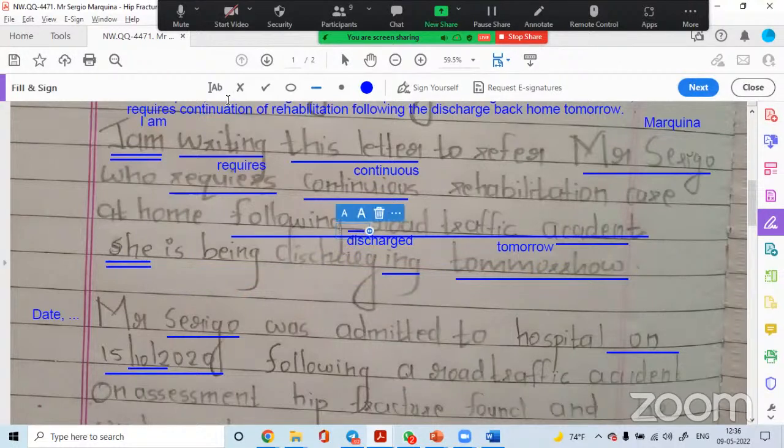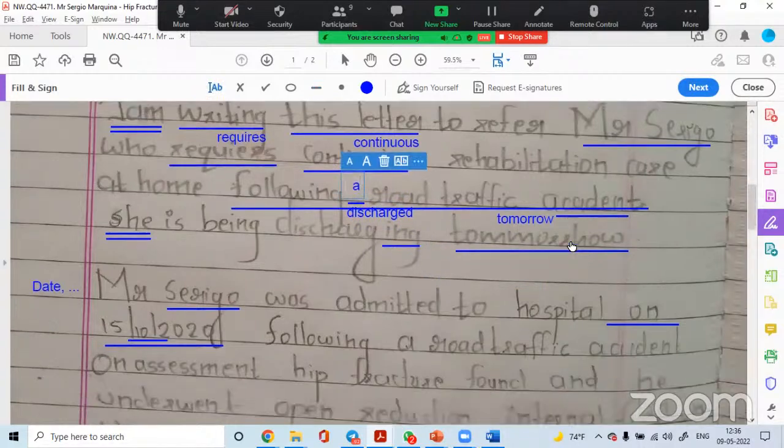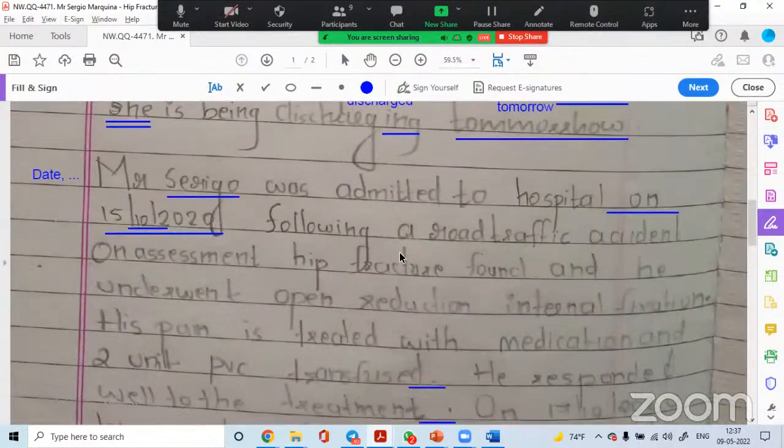Of course, a good thing you have done is writing A. Don't write up and down. Again you are writing the same thing here.